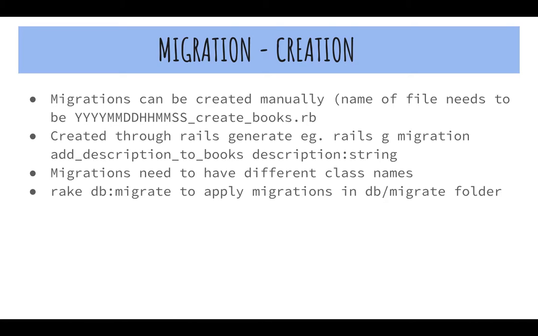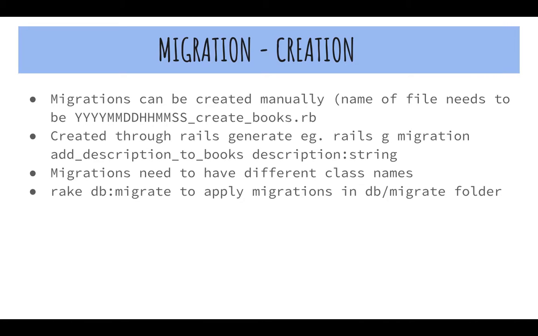Migration creation can take place manually, and we have to remember that the name of the file needs to be the year, the month, the day, the hour, the minute, and the second, and then create_books.rb. That's a bit of a mouthful, isn't it? So often we create them through rails generate, so rails g migration, and then we have to give a different class name for each of our migrations.